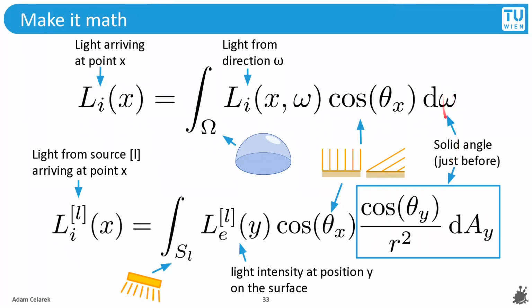We've seen the relationship between the solid angle and the surface patch before, and we can just exchange them. If we do this, we also have to change this one. Instead of measuring the light which is coming in from a certain direction, we measure the light that is emitted from the surface in this patch.